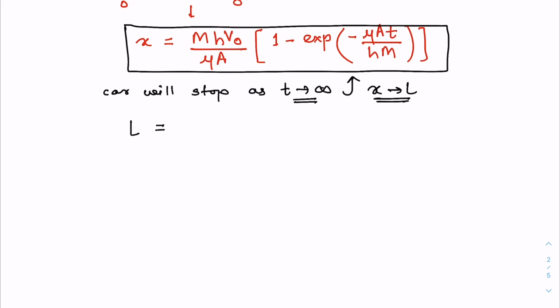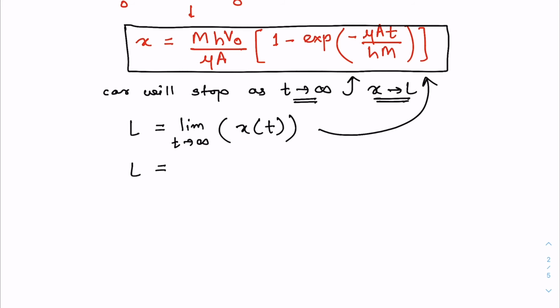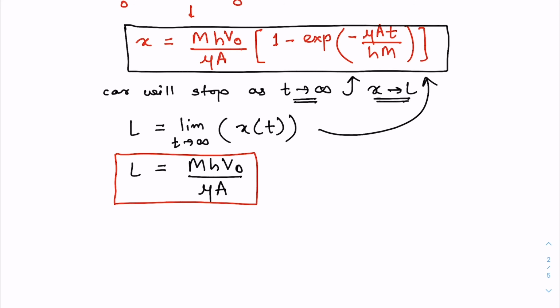So L is basically the limit t tending to infinity of the expression for x of t, which is this. If you substitute it, you will find that L is equal to m h v naught by mu A. So this is the stopping distance for the car in terms of its mass, the film thickness h, its initial velocity v naught, the viscosity of water, and the area of the tires.